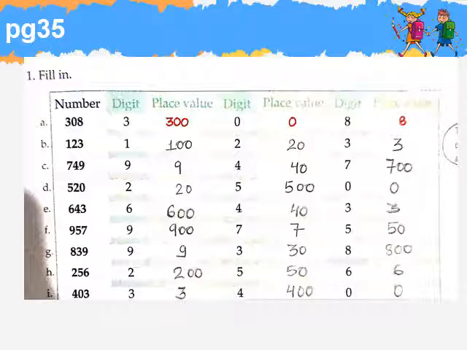So its place value is 100. Now children, next digit is 2. In 123, digit 2 is at tens place. So children, its place value is 20.